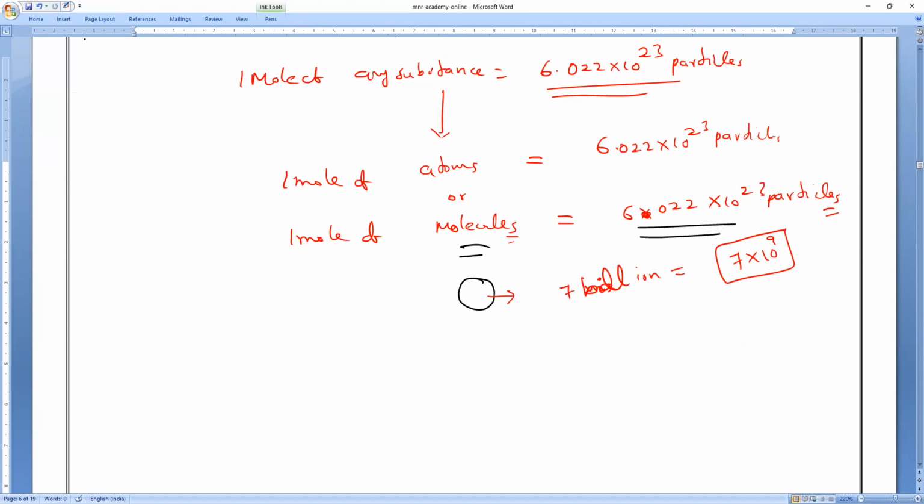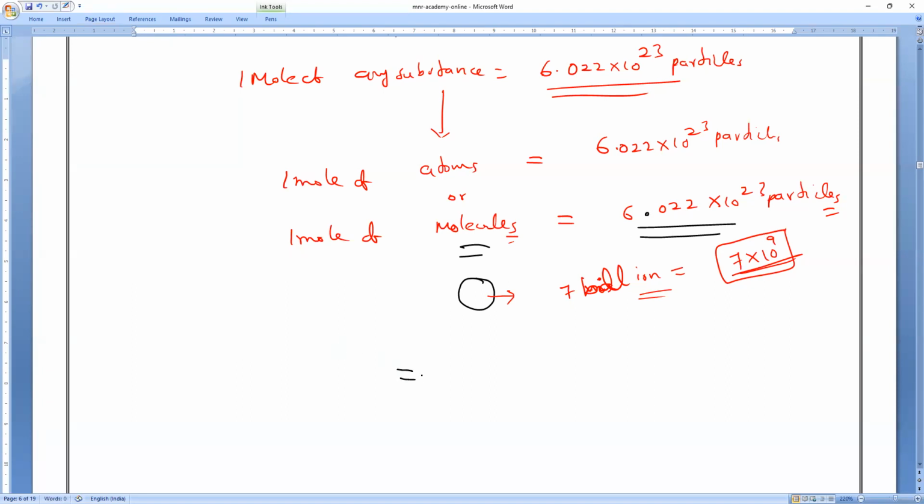So if I compare it with the Avogadro number, imagine how small our population is. Of course, 7 into 10 power 9 is almost 7 billion. But still, compared to 1 mole of particles, how much is it, Amma? Yes, please. Negligible. Am I right or wrong? Yes or no? Please respond.